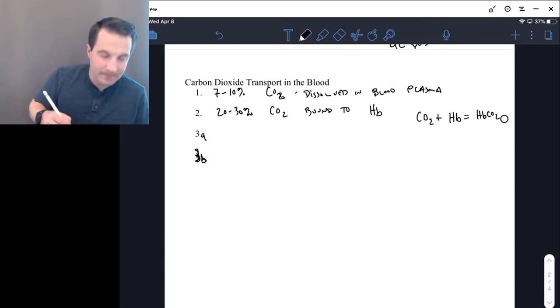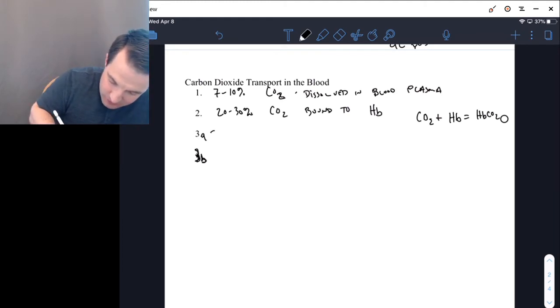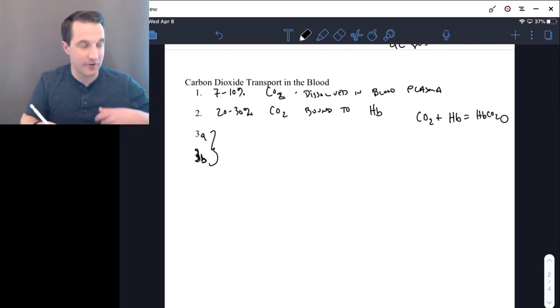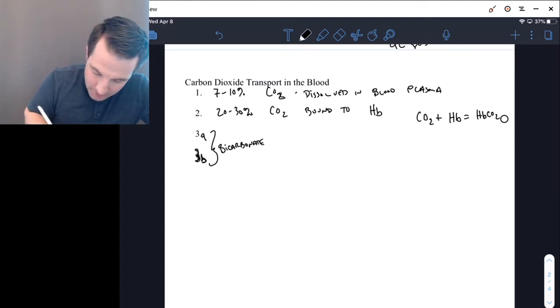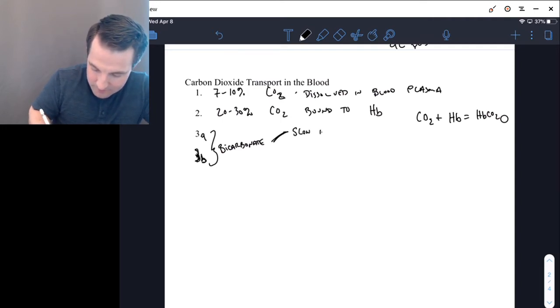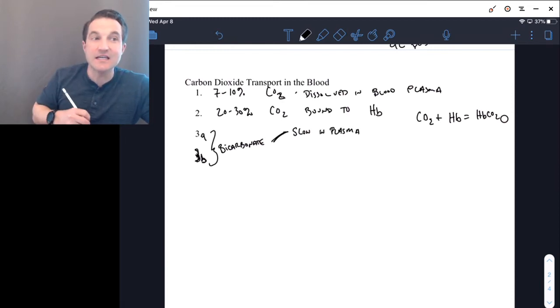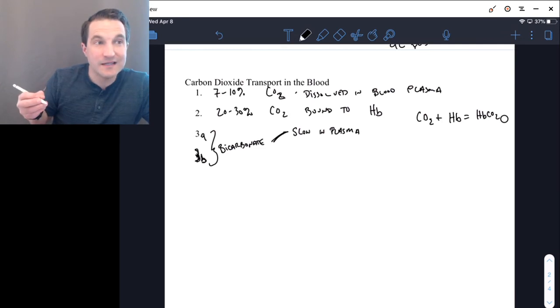All right. So now 3A and 3B are through the use of my favorite buffer and yours, bicarbonate. Now, there are 2 ways that bicarbonate works. Our 3A up top is the slow way. And this takes place in the blood plasma.